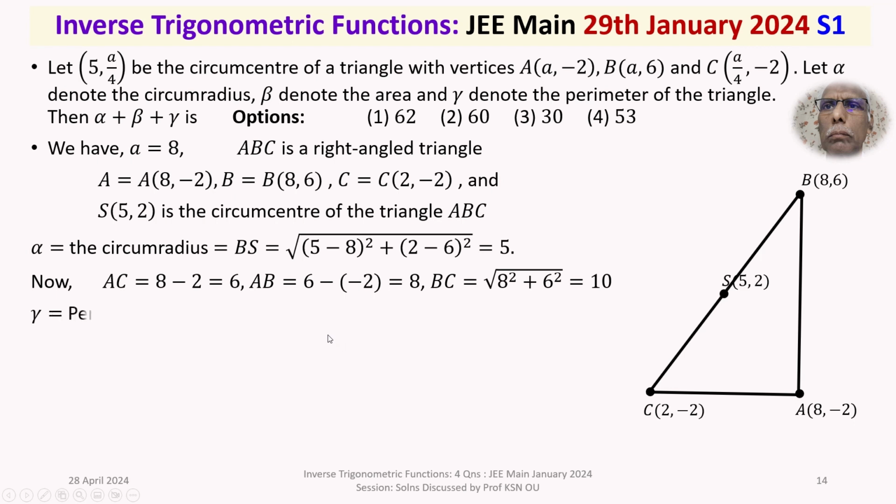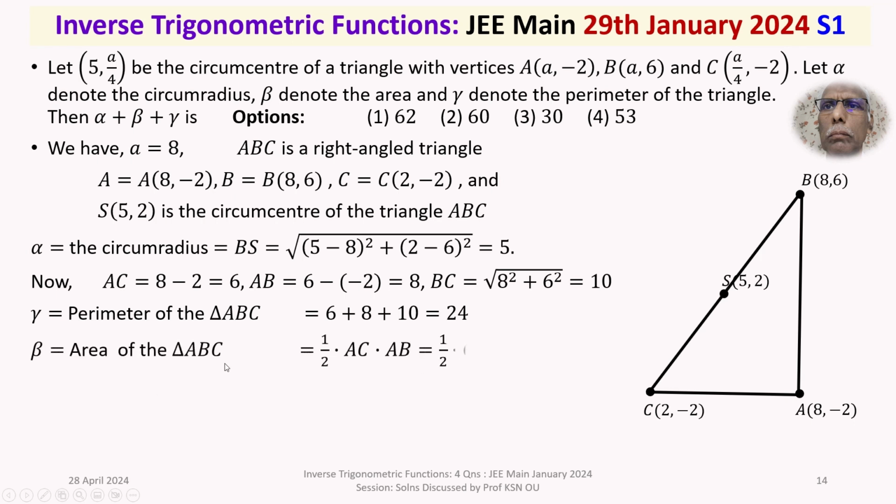So what is it that we want? Gamma, the perimeter of the triangle ABC. The perimeter is 6 plus 8 plus 10, that is 24. And beta, the area of the triangle, that is 1 by 2, half, the base AC into height AB, is equal to 1 by 2 into 6 into 8, that is 24.